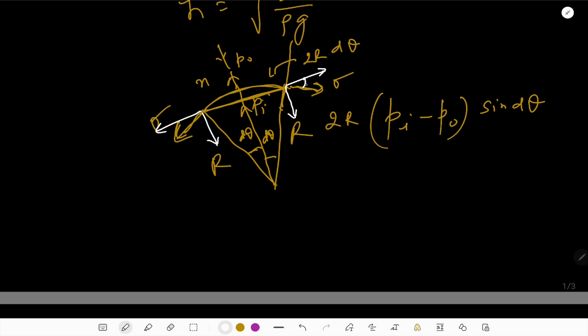And you can see this angle will be d theta, because this is perpendicular to the normal here, and the normal on this surface makes an angle d theta, so the angle here will also be equal to d theta.